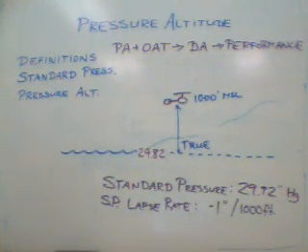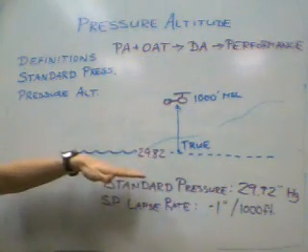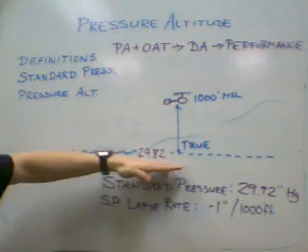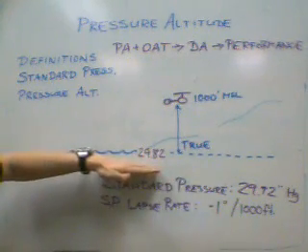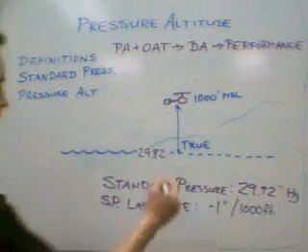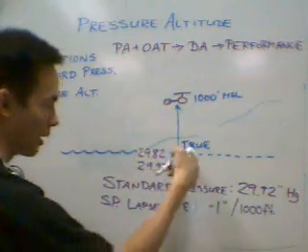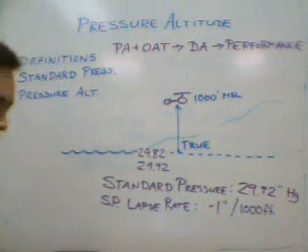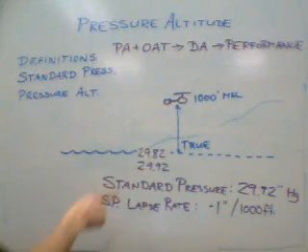Where would 29.92 be? Above it or below it? So 29.92 in theory would be down here somewhere. But how far would that be? Again, we'll look at the lapse rate and let's find the difference.